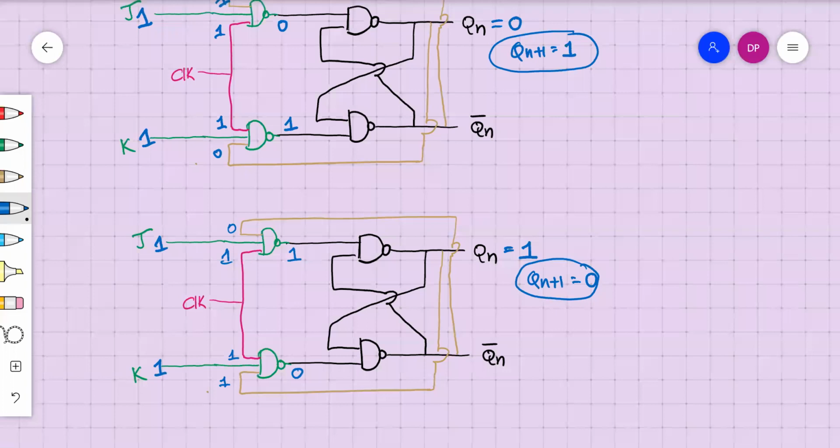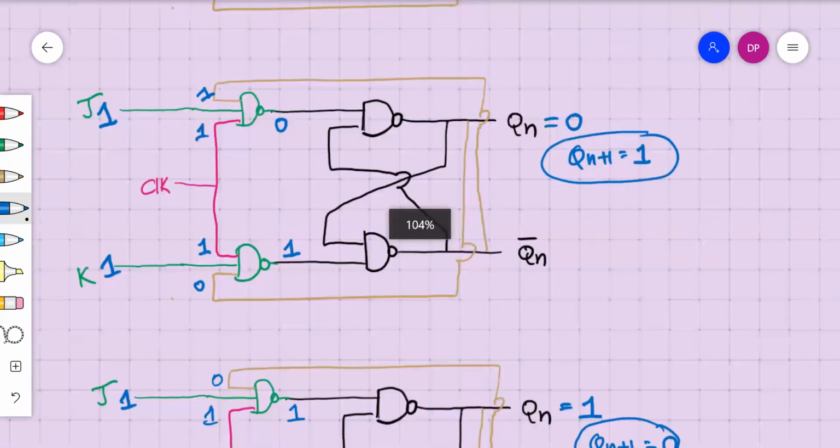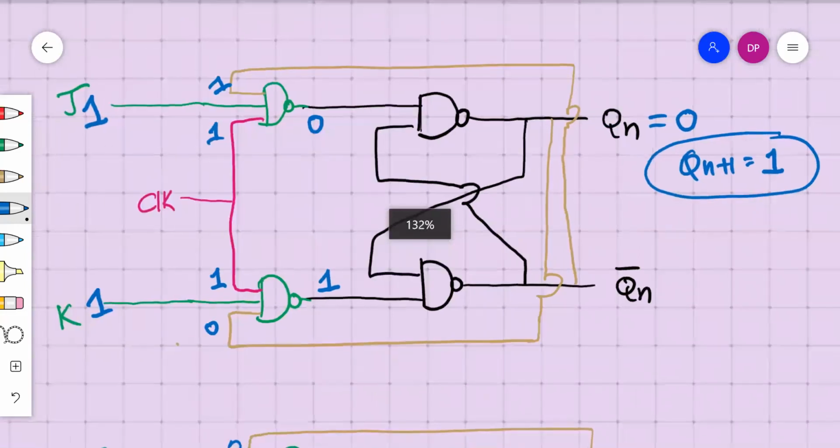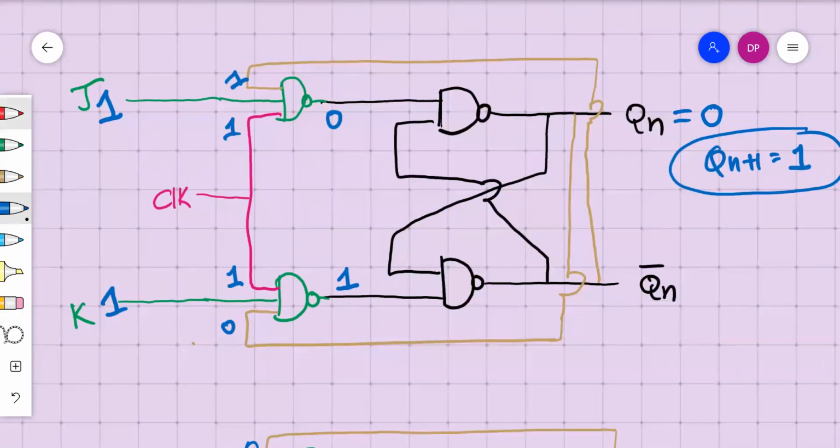So what happens when clock is high? Look at this figure. Again I'm explaining, understand carefully. When clock is high, J is 1, K is 1, and the present output Qn is 0.